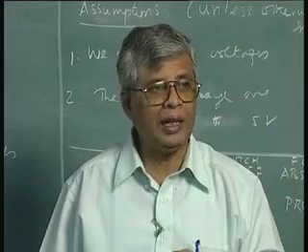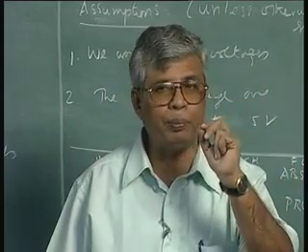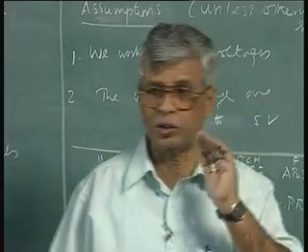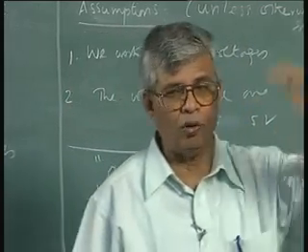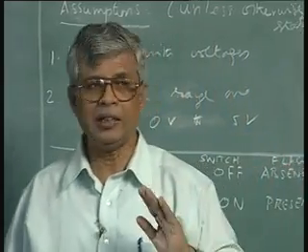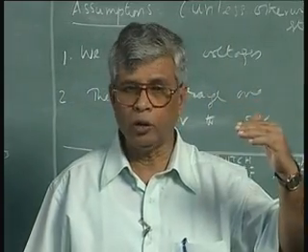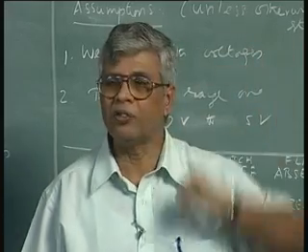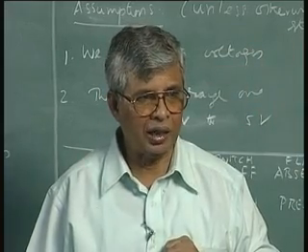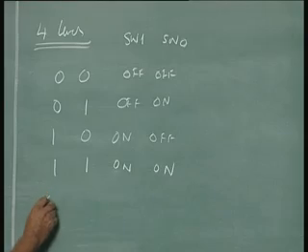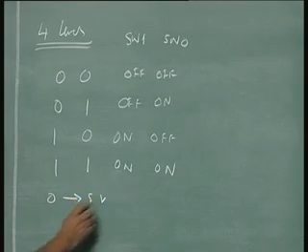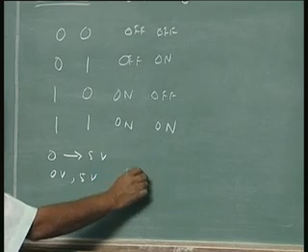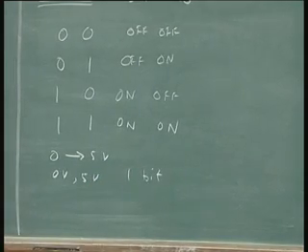If I have 2 switches, now the same parameter is allowed to take 4 discrete values, namely 00, 01, 10, 11. If you translate it into voltages, it will be 0 volts, 1.25 volts, 2.5 volts, 3.75 volts. Do you understand what I am saying? So, 0 to 5 volts can be mapped as 0 volts and 5 volts with 1 bit, with one switch.